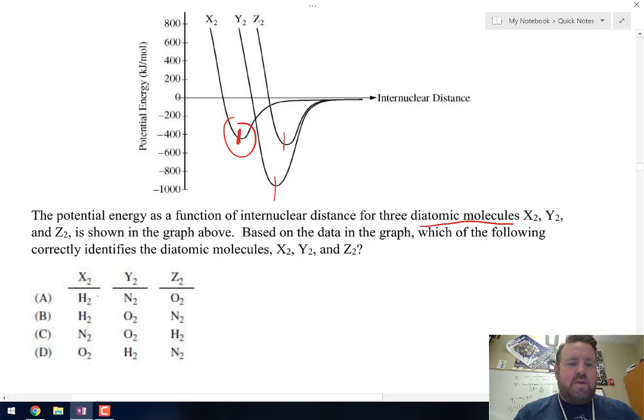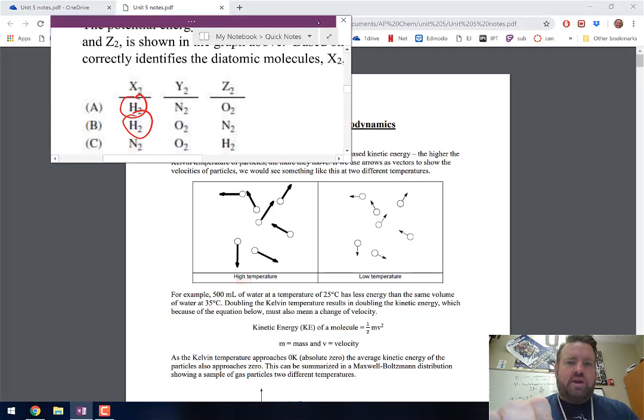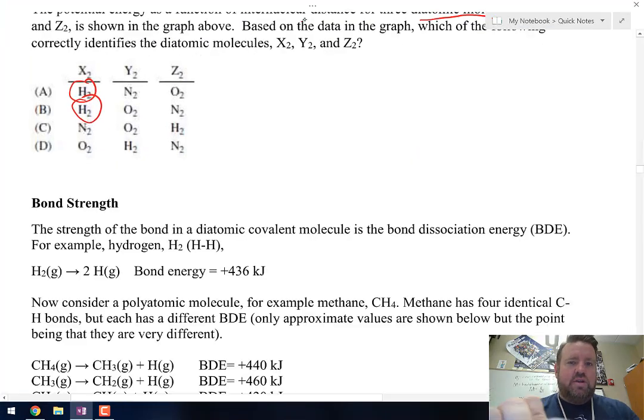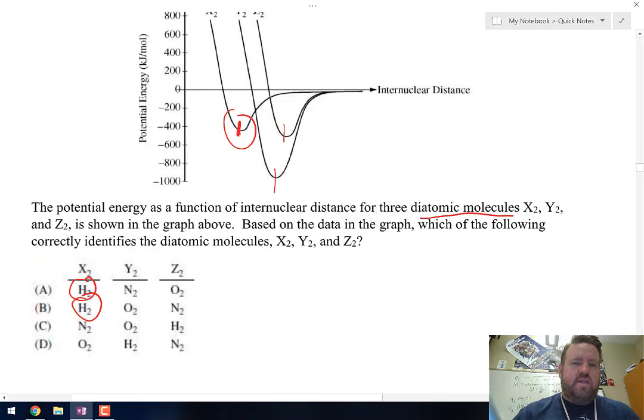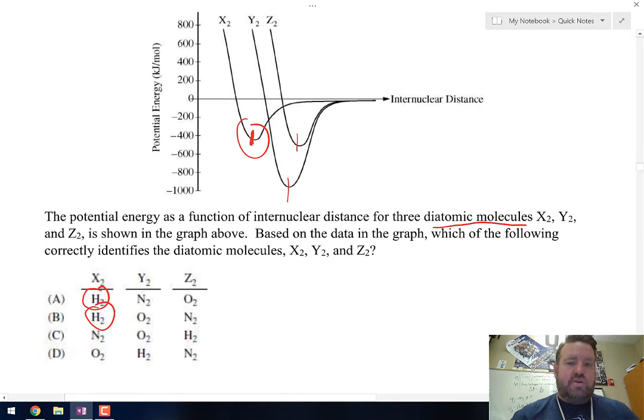If I'm going to choose, and you'll notice that all three of them have hydrogen, nitrogen, and oxygen in them, which one's going to have the shortest internuclear distance? I'm definitely going to choose hydrogen. I think that X2 is certainly going to be hydrogen, simply based on the fact that it has the shortest internuclear distance.